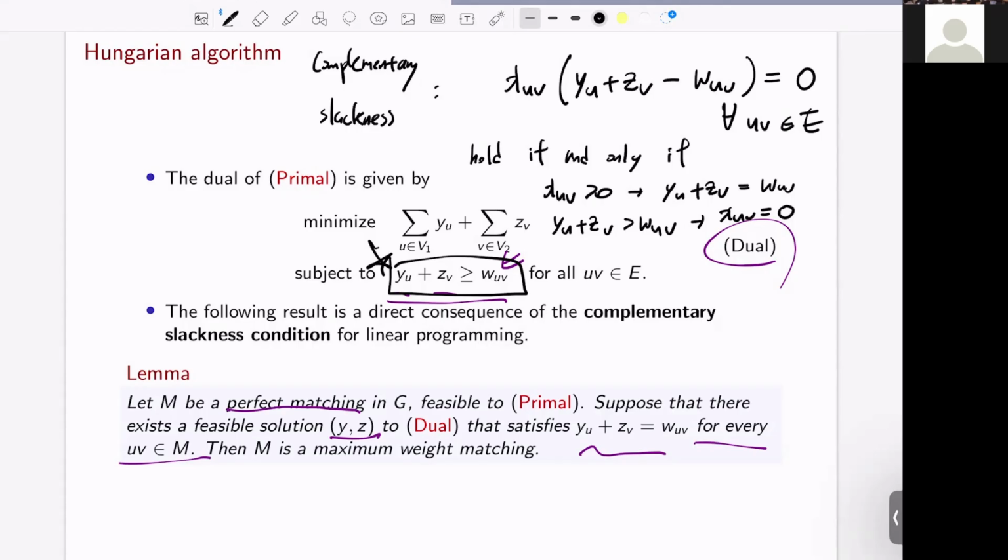Any other question? Okay, so let's prove this. First of all, I'm going to prove the following.